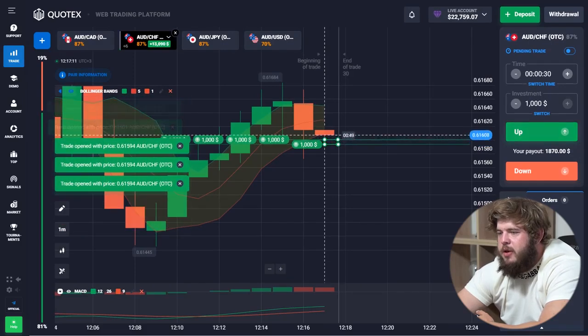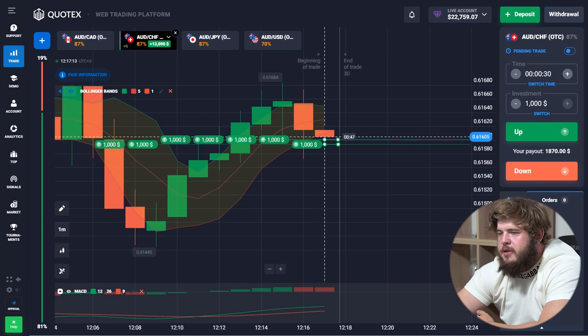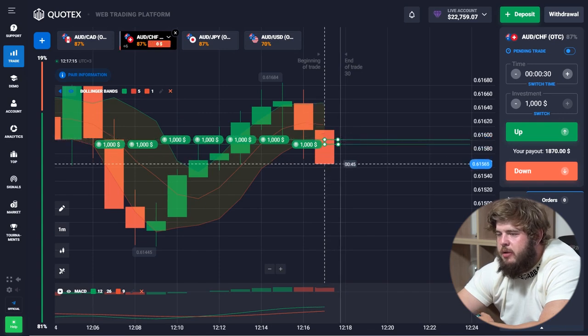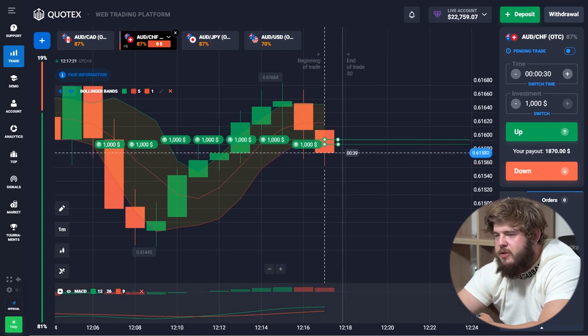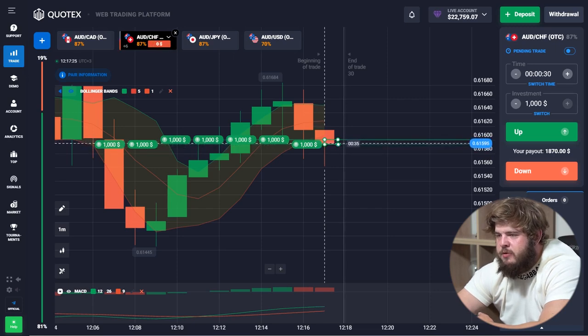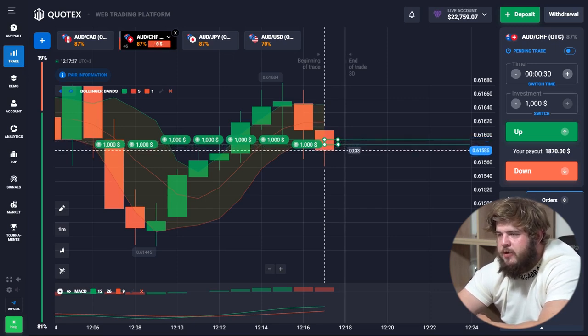Okay guys, so here I decided to open a buy position because, as you can see, the price has reached a strong level of support. The first hit wasn't successful, the price went up after this.